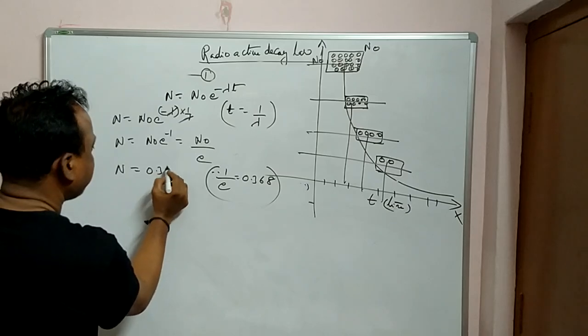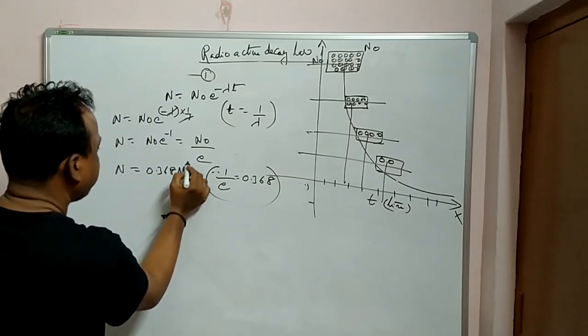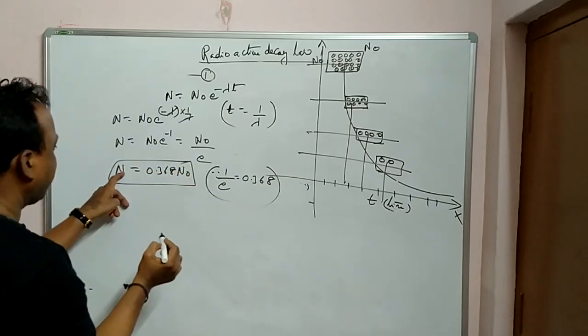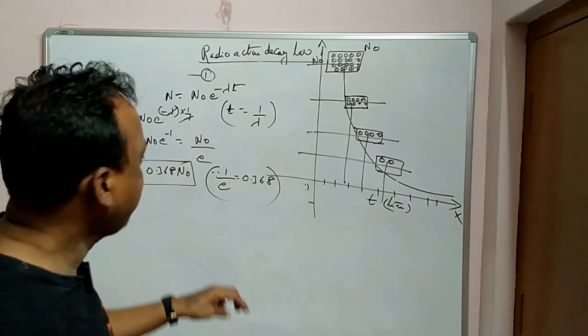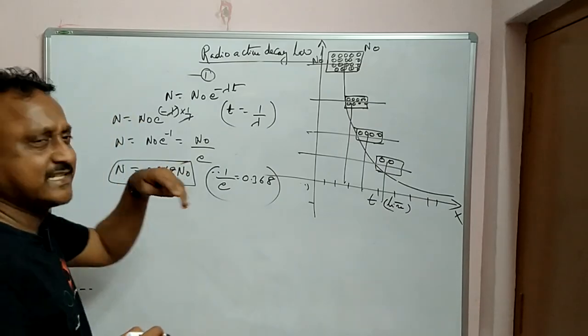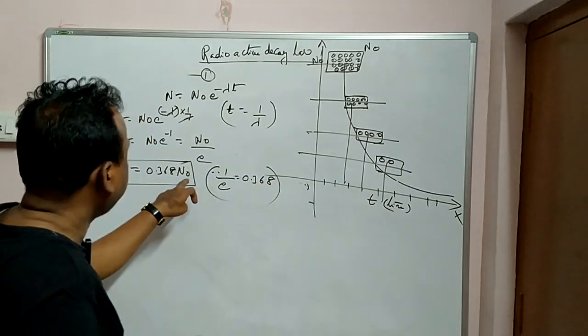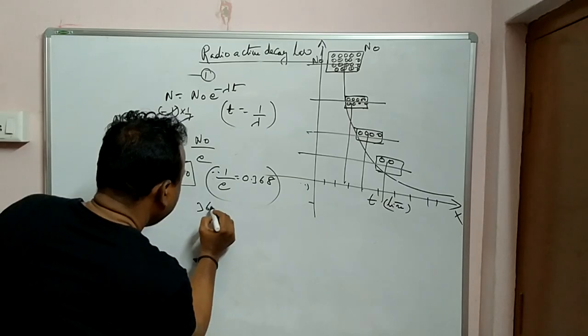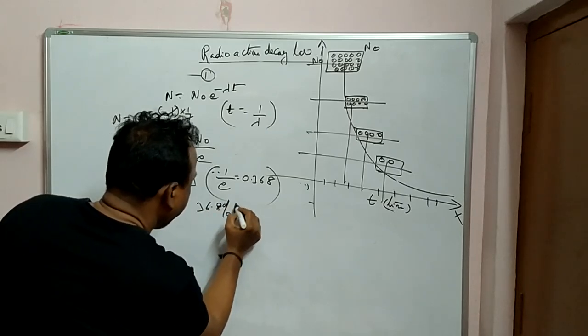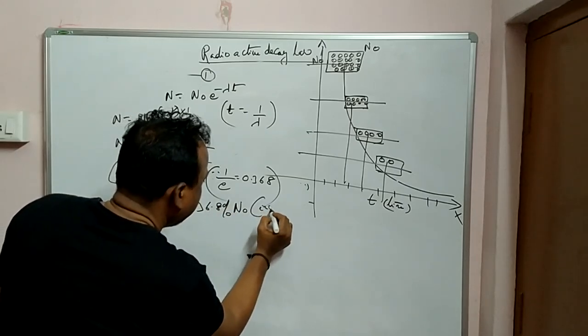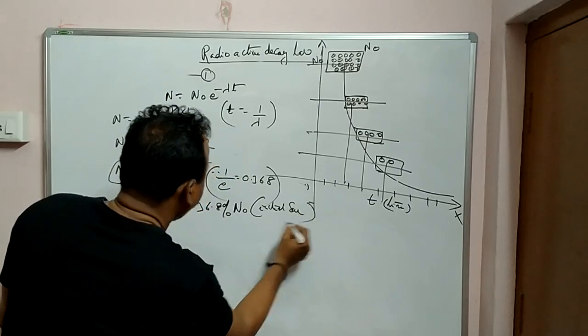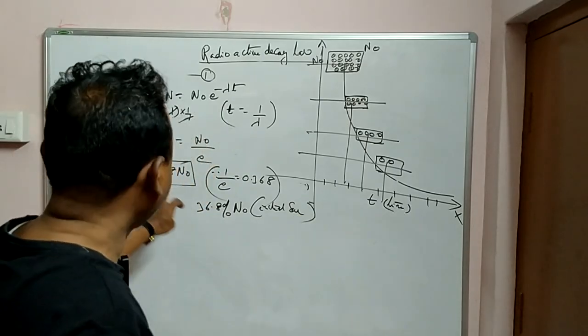So 0.368 of N0 is left over, that is 36.8% of the initial sample. This is another relation.